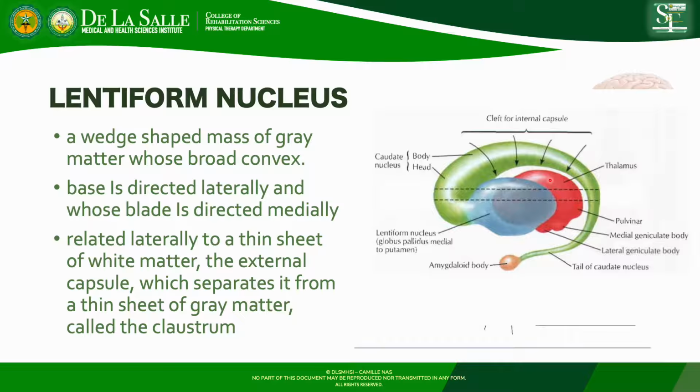The lentiform nucleus is found more anterior and it is medial to the putamen. The caudate nucleus is the C-shaped structure and it is more medial to the lentiform nucleus. Another way to describe its location is that it is close to the thalamus.